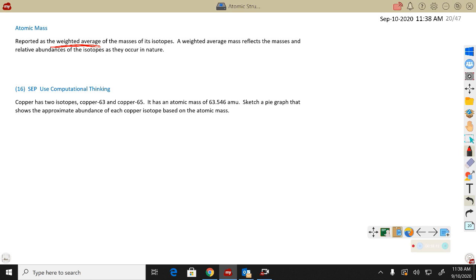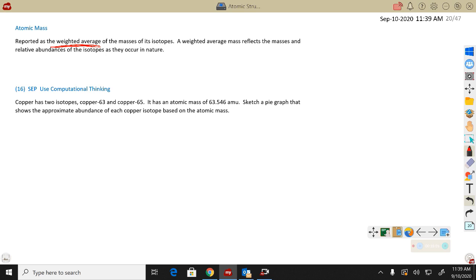Question 16, using some computational thinking. Copper has two isotopes. There's copper 63 and copper 65. And that's the mass of the individual atom, the individual isotope, based on its protons and neutrons.